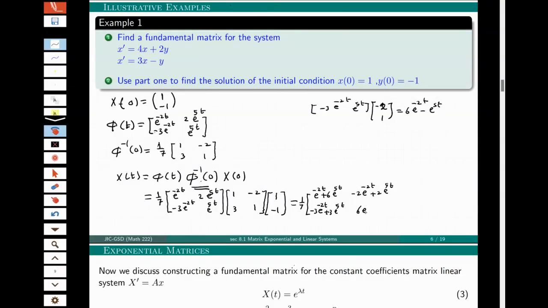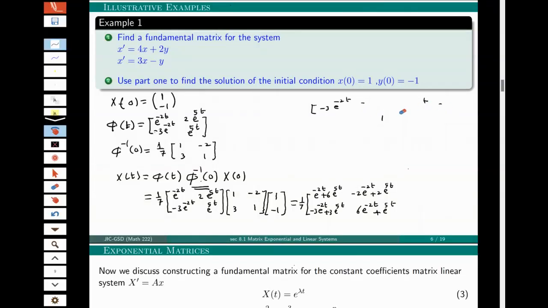Yes, it's minus 2 and 1, so that will be plus 1 on the second term, giving 6 e raised to the power minus 2t plus e to the power 5t.